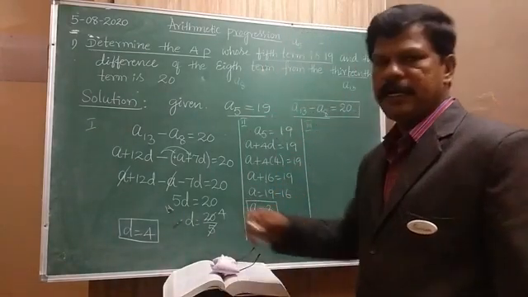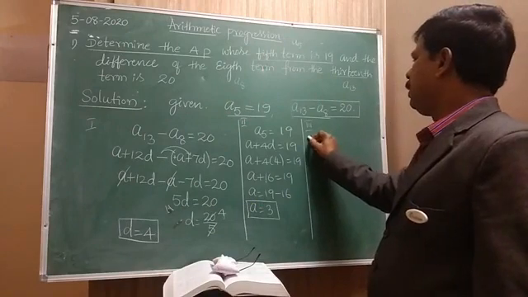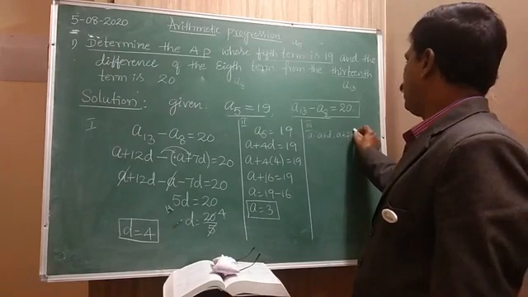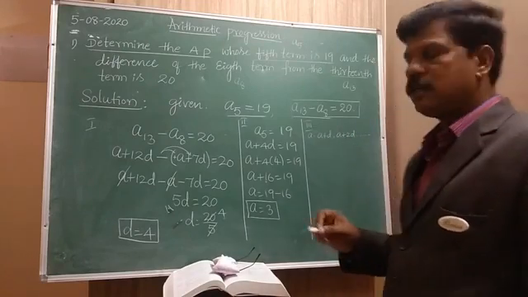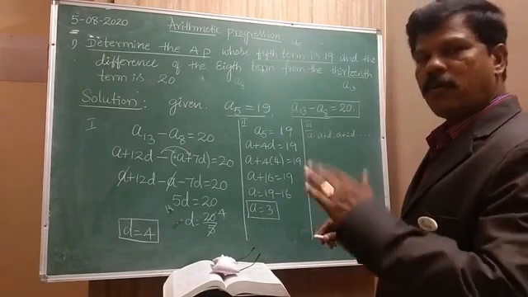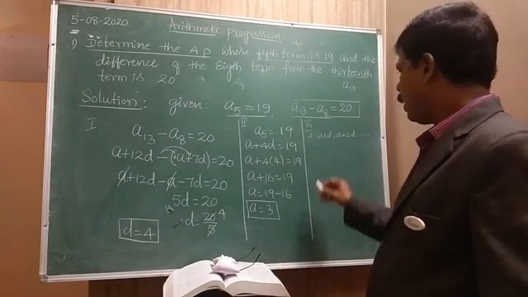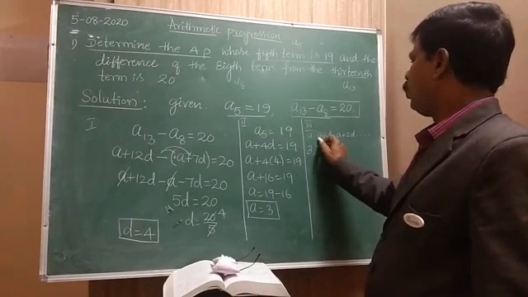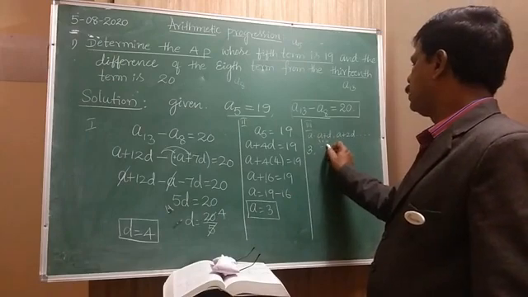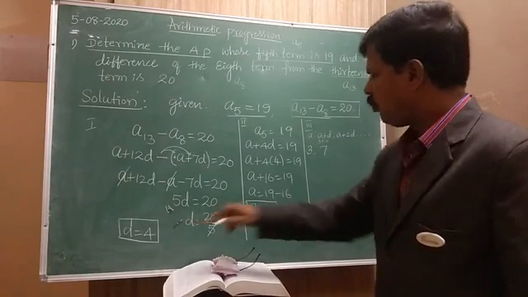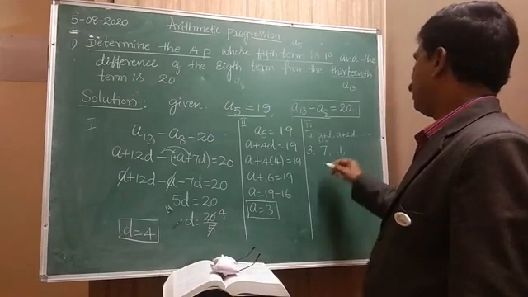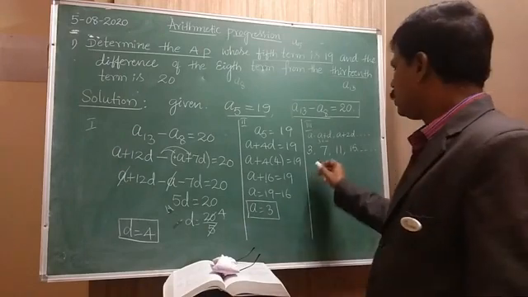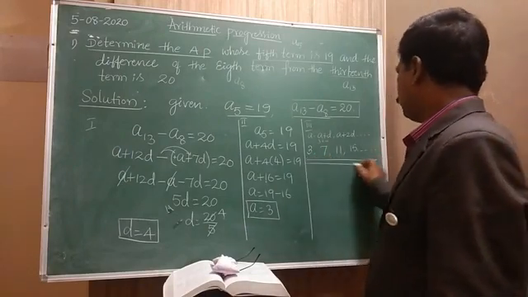After knowing A and D, it is easy to write the AP: A, A plus D, A plus 2D, etc. That means you should go on adding the common difference to A. Now A is 3, then 3 plus 4 is 7, 7 plus 4 is 11, 11 plus 4 is 15, etc. So this is the required AP.